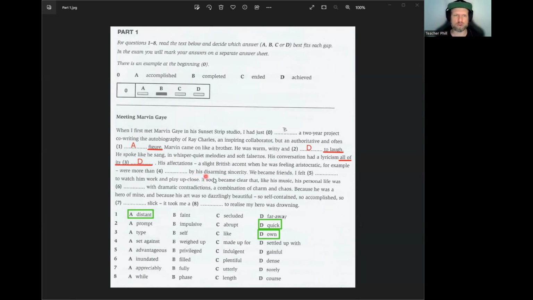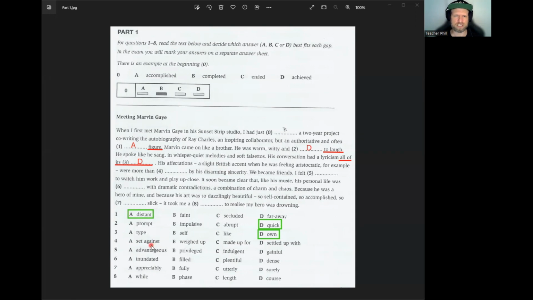But then we contrast this with this disarming sincerity. So I think we want to find an expression here that shows us that there's a contrast. They were more than by his disarming sincerity. So we have set against.